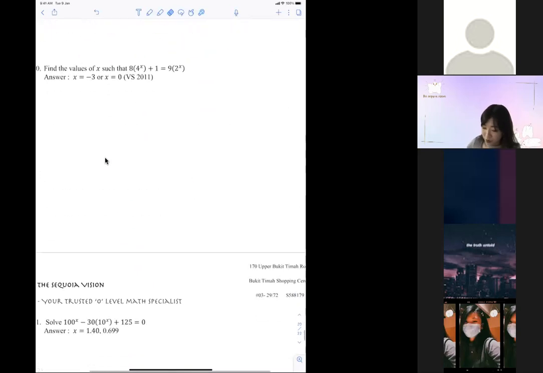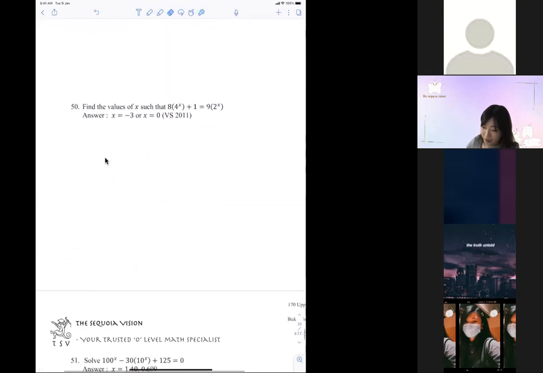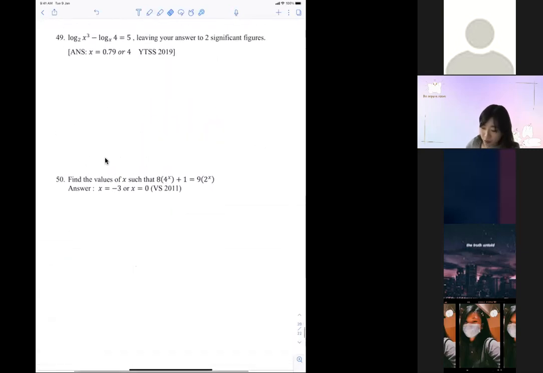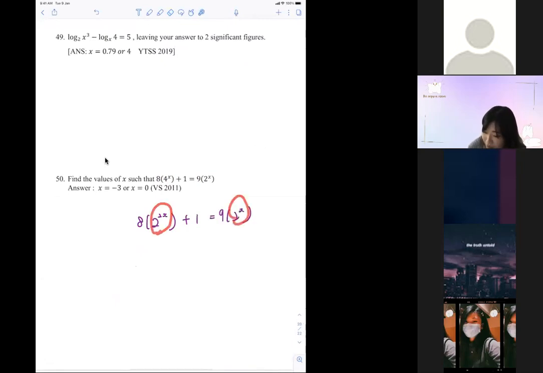Okay. All right. So let's see here. Okay, another type of subbing question. If you see here, 4 to the power of x, 2 to the power of x, you know that 4 is 2 to the power of 2. So whenever you see stuff like that, 2 to the power of x, 2 to the power of 2x, you know it's confirm quadratic.